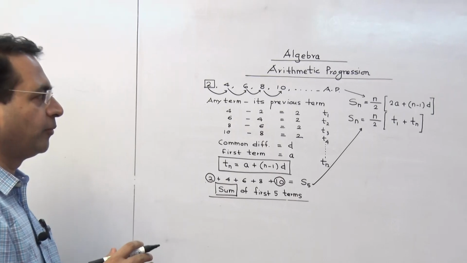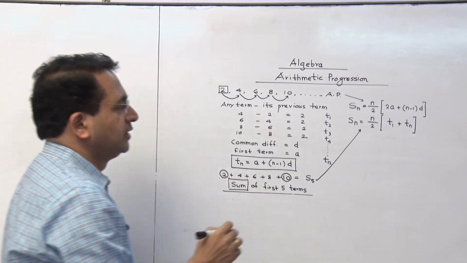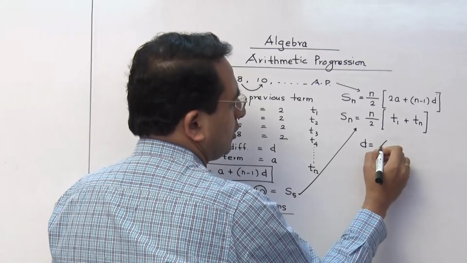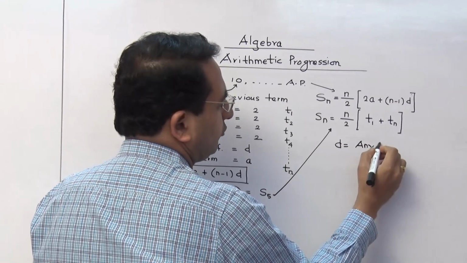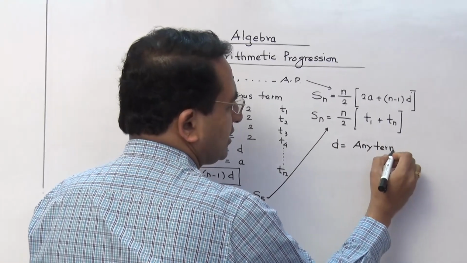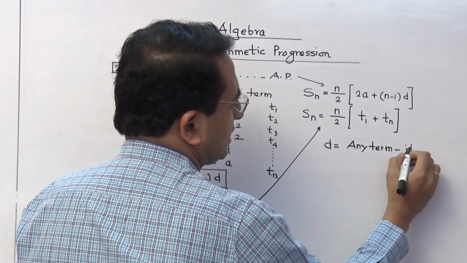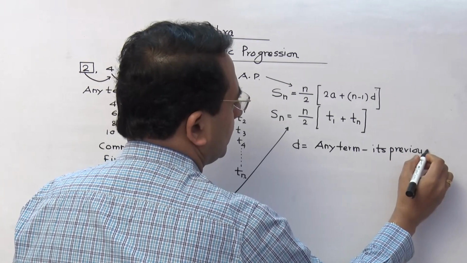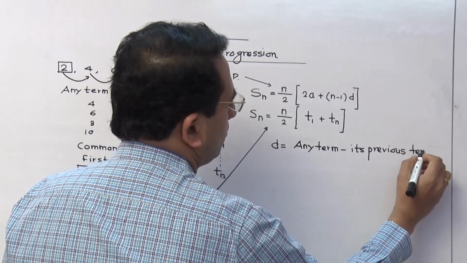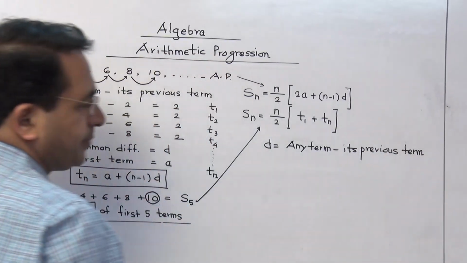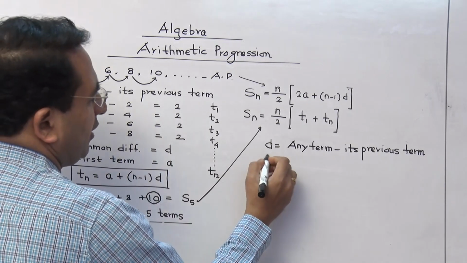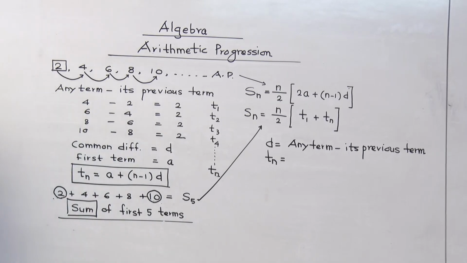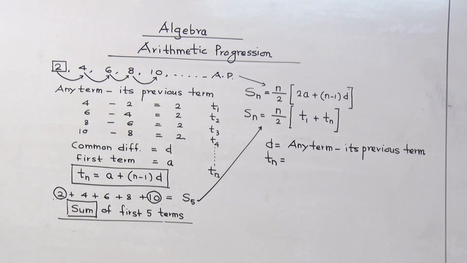Now which 3 formulae do we have to focus on? See, common difference is always calculated by using this formula, that is any term minus its previous term. Then we have to use formula number 2 here, the nth term of an AP.